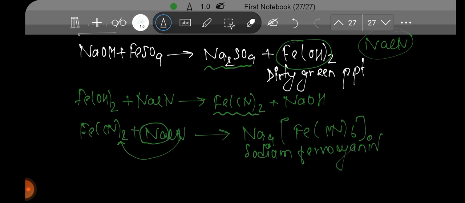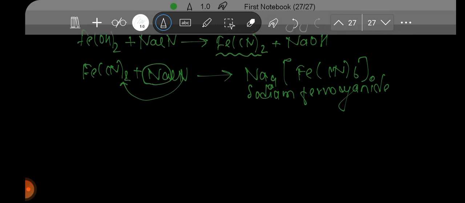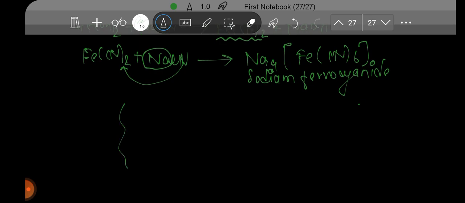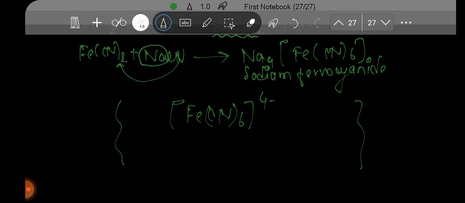which is known as sodium ferrocyanide. Let me clarify that there are two cyanides. The first is [Fe(CN)6] to the power 4 minus and another is [Fe(CN)6] to the power 3 minus.